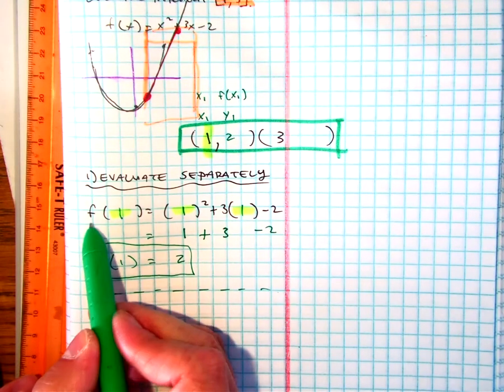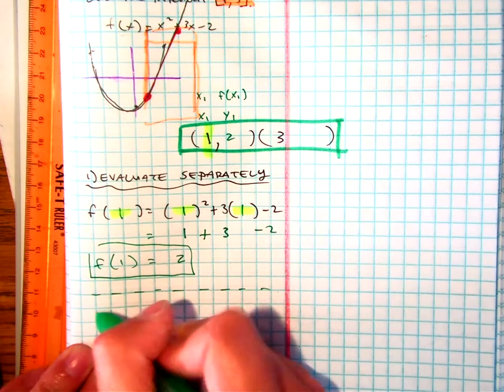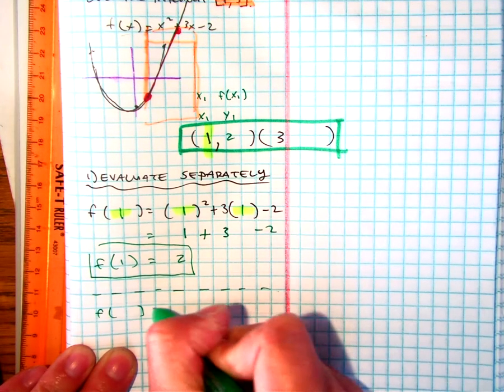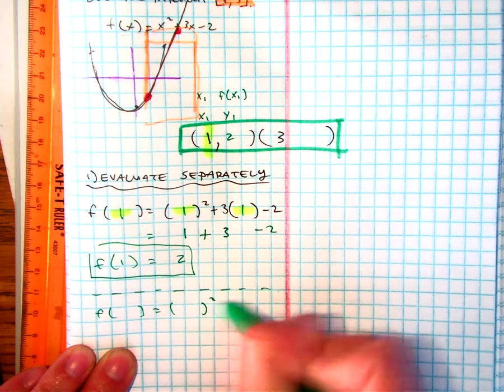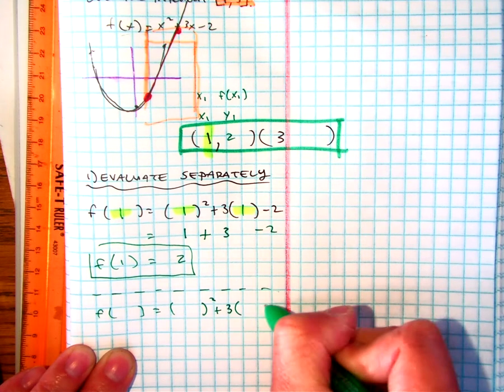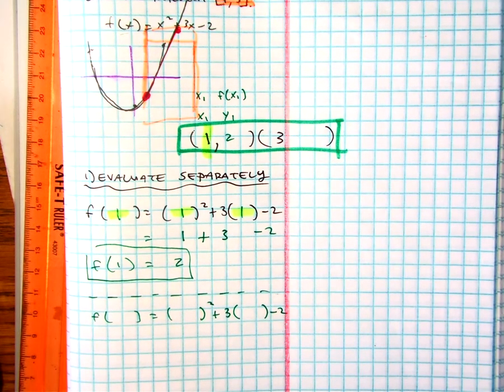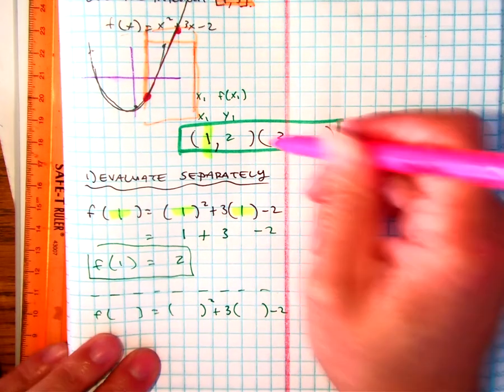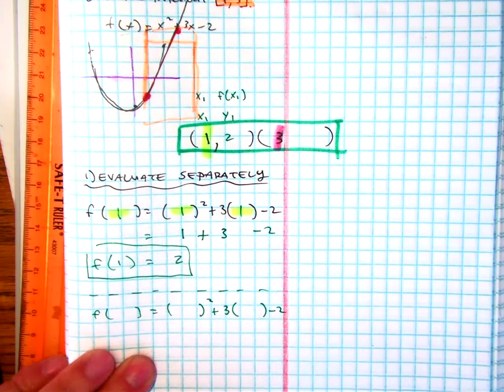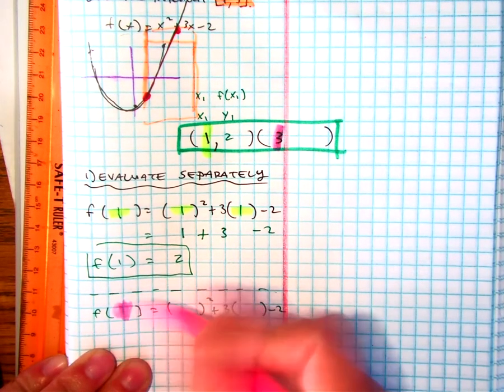So I'm going to have the same function, and I'm putting the blanks there so you have enough space to fill it in with our input. My input's going to be a 3. Every x value, put in 3.